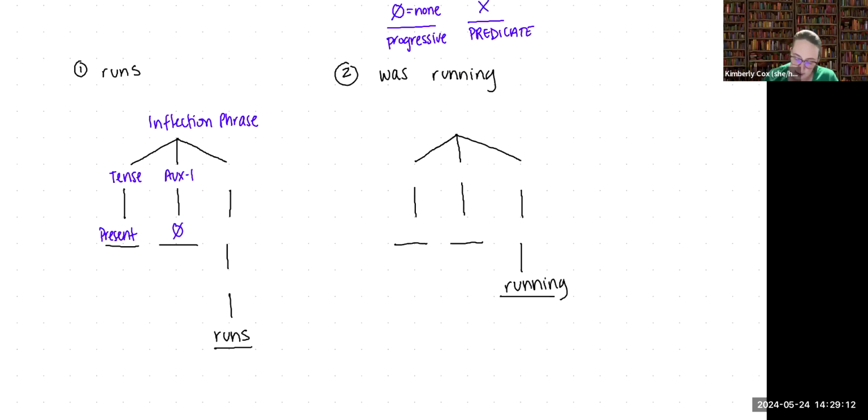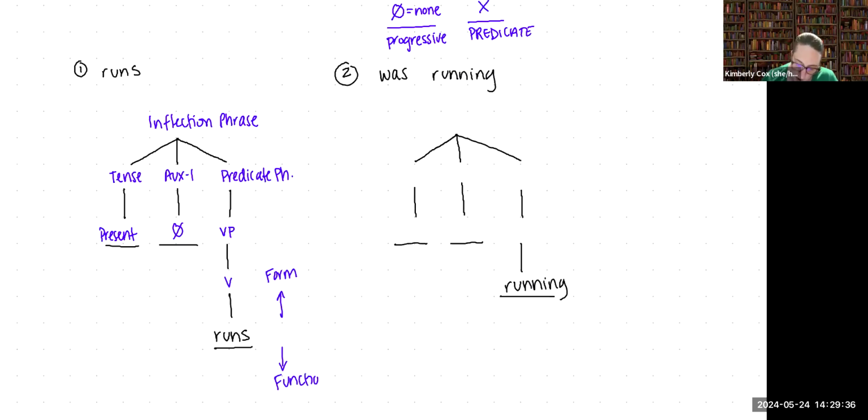And then runs itself, we have a verb which is going to be in the verb phrase, which in this instance is going to make up our predicate phrase. Okay, so all of that indicates very clearly what the form is. So the last thing that we need to talk about then is the function.